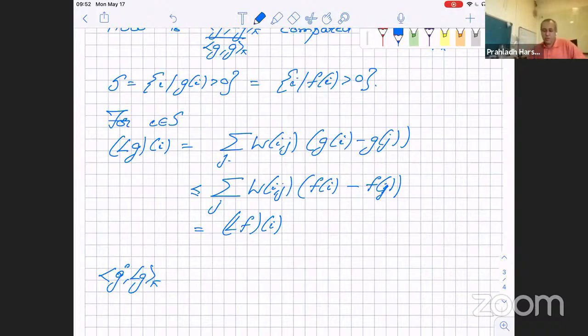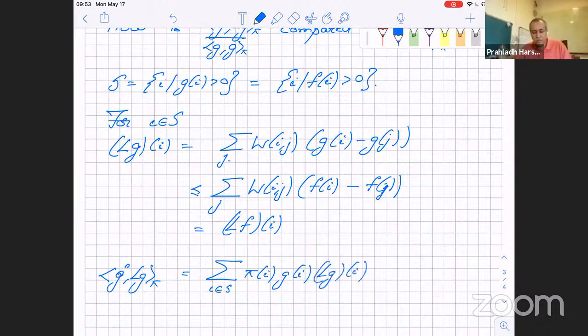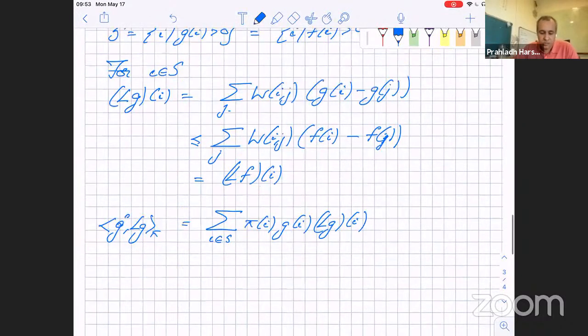Let's look at G L G. What is this? This is exactly, you only have to go over the non-zero quantity. So it's the sum over i in S of pi(i) G(i) L G(i). What is this?